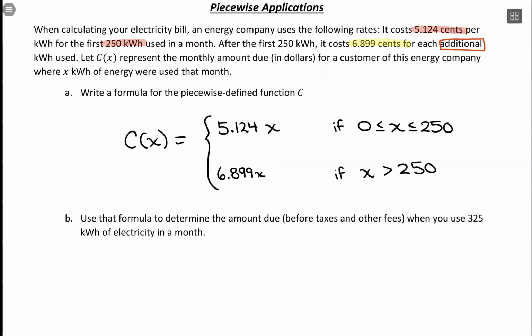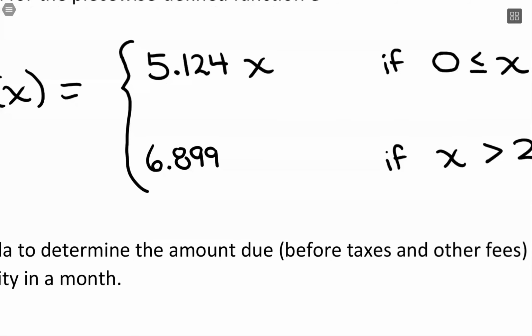So what I actually need to multiply with 6.899 is the difference between my total amount of kilowatt hours minus the 250. So I'm going to adjust what I'm multiplying by here with that value of x minus 250, so that I'm only seeing the extra kilowatt hours.